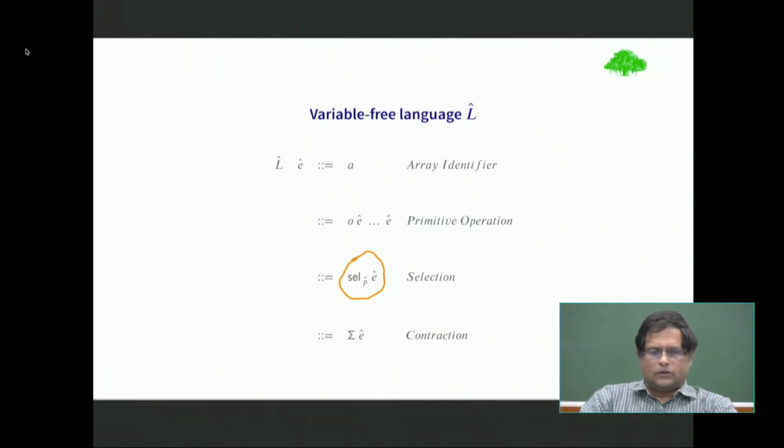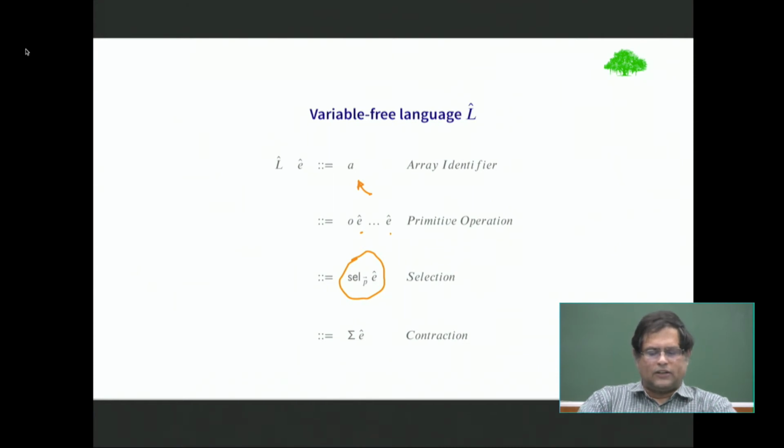Okay, so let's look at now this language L hat, where you have not array references but simply array identifiers. So the references are missing, and of course you have primitive operators. These operators are like plus and multiplication. They're promoted now to work on E hat expressions.